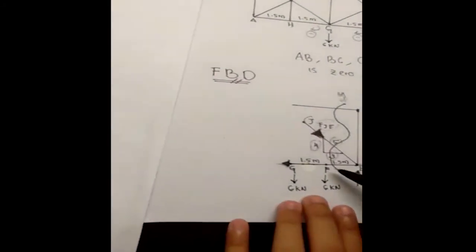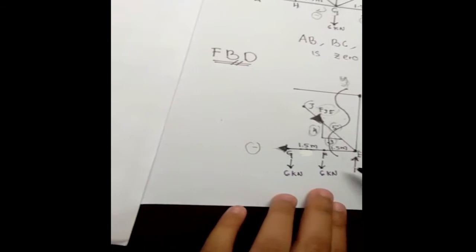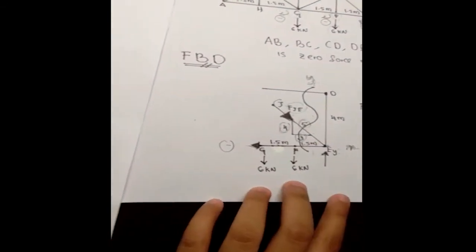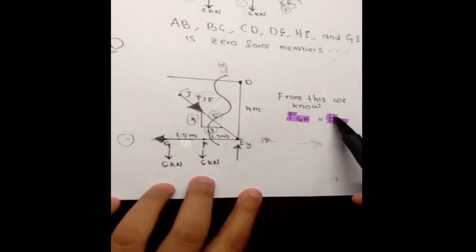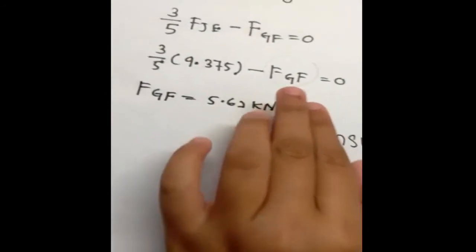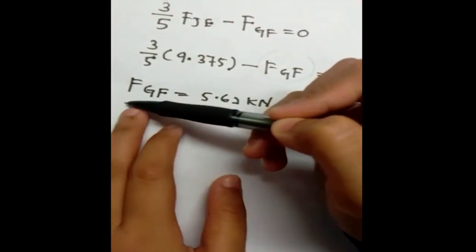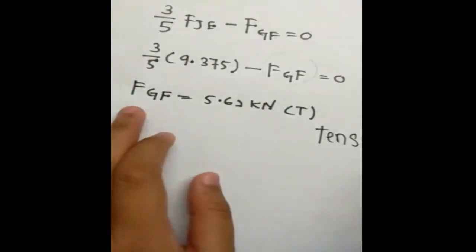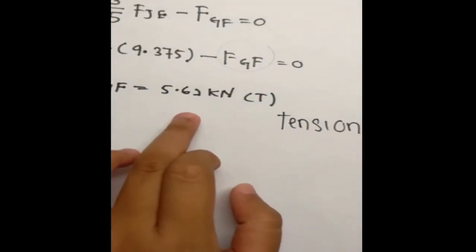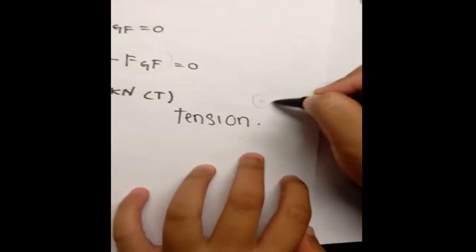The arrow of FGF goes to the left side, so it is negative, and FGF equals FFE. Solving for FGF, we get the value of FGF is 5.62 kilonewton. It is tension because it is a positive value. Thank you.